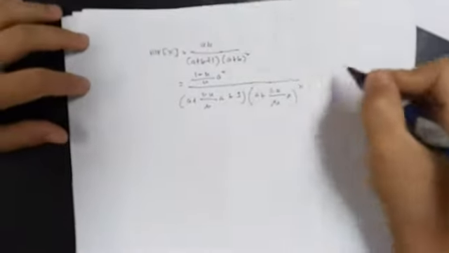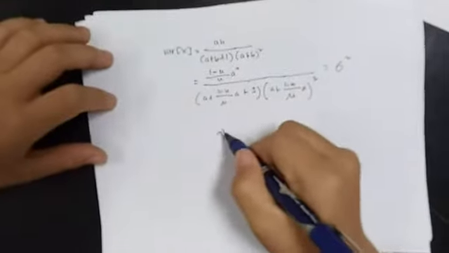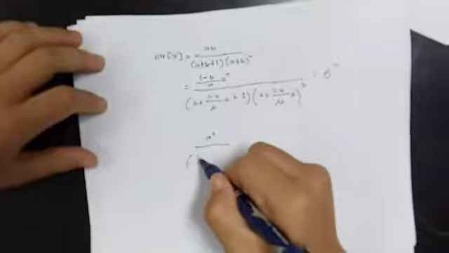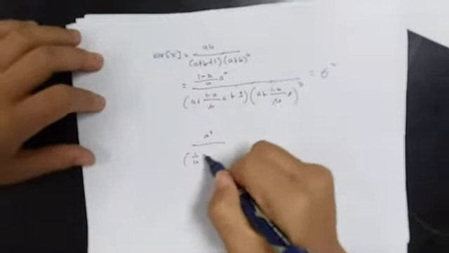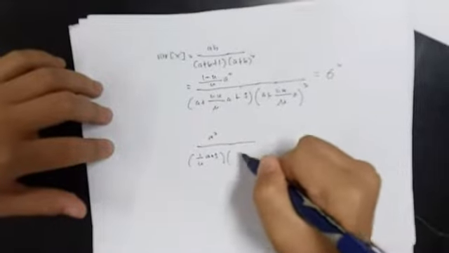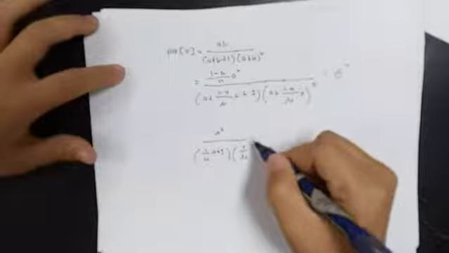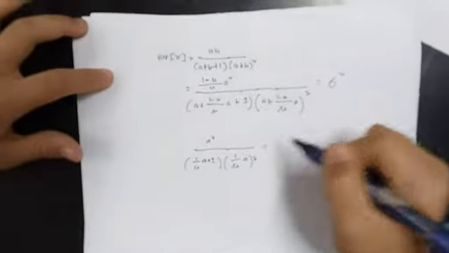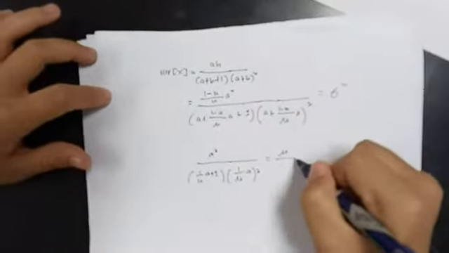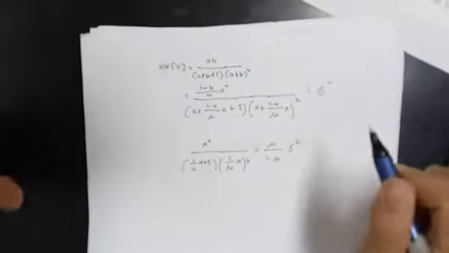This is now equal to sigma squared, and it can be rewritten in this way: A squared over (1 minus mu) times (A plus 1), times 1 over mu squared, equals mu over (1 minus mu) times sigma squared.